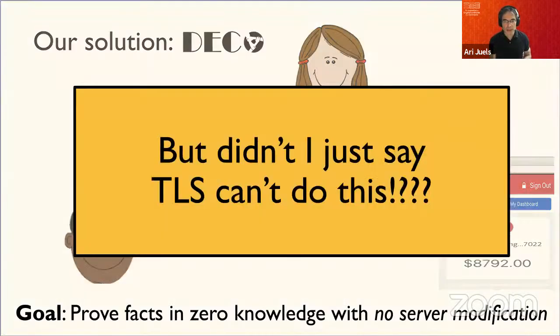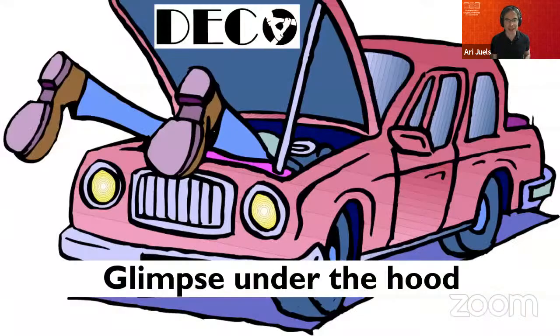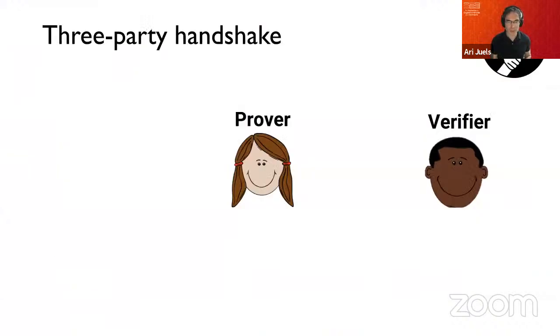Right. But didn't I just say that TLS can't do this? We sidestep the lack of a native capability of this kind in TLS in the following way. Let me show you what's going on under the hood. The key idea is something known as a three-party handshake.